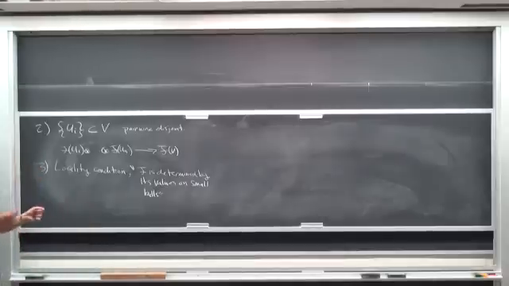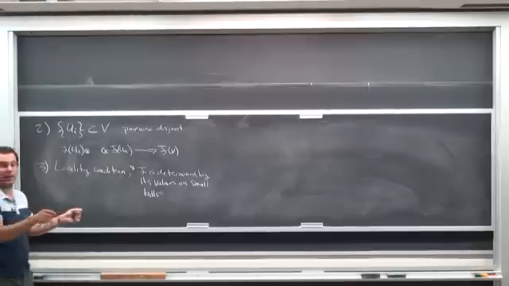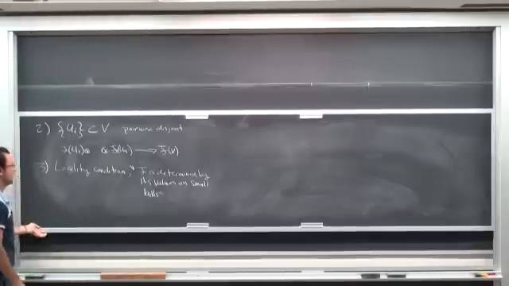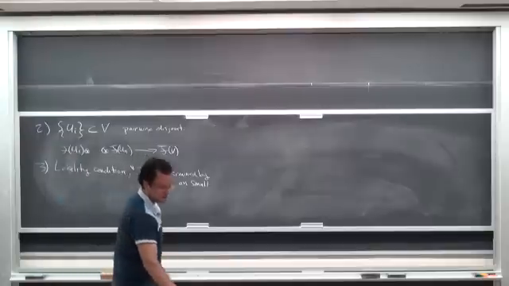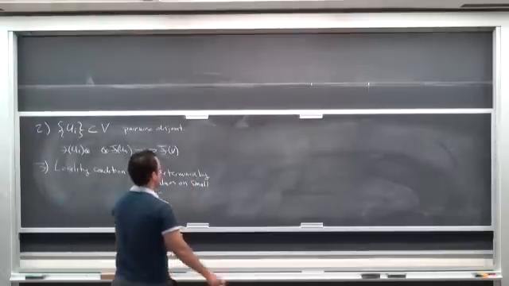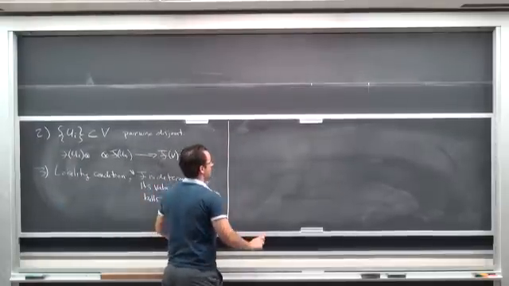Provided that two observables are not taking place in the same neighborhood, I can define a product on them. But let me delay that conversation, and let me give an example.